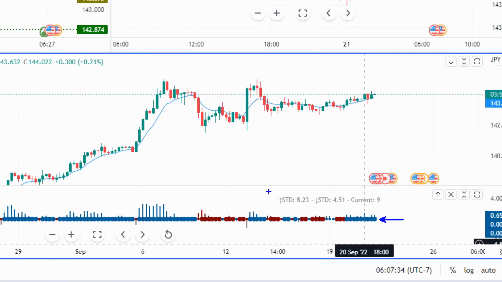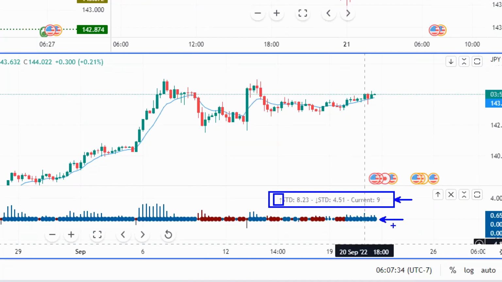However, we also see there are some numbers up here right now as well. We see that the current standard deviation up, with the arrow pointing up, is 8.23. The standard deviation down is 4.51, and the current count is 9.